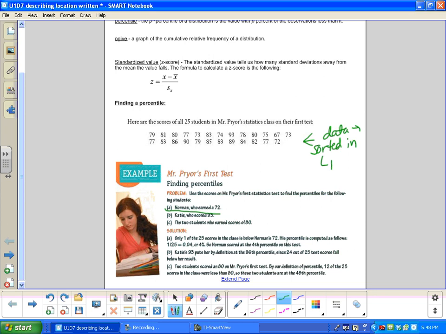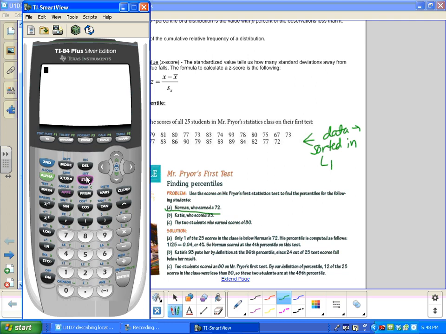So if y'all want to pause the video, go ahead and put the data in your calculator. It's already all done for you, so I don't really know if there's a need for you to pause, but I'll show you what I did. So I took this data, I put it in my calculator. I see that there is only one score here, 67, that's below Norman's score of 72.